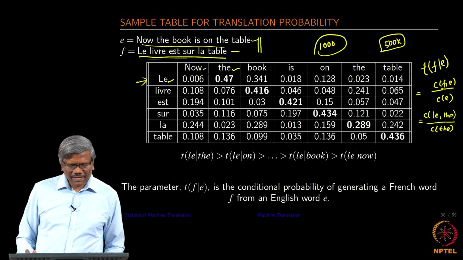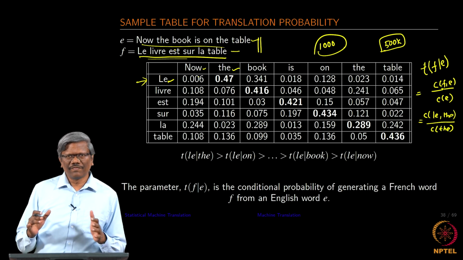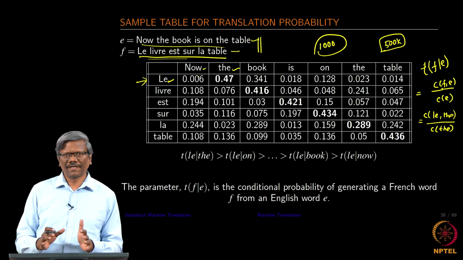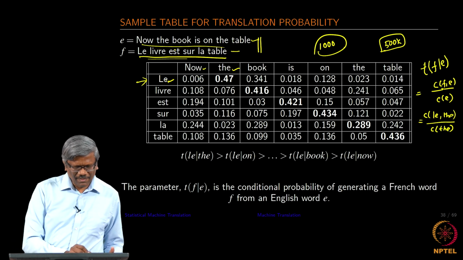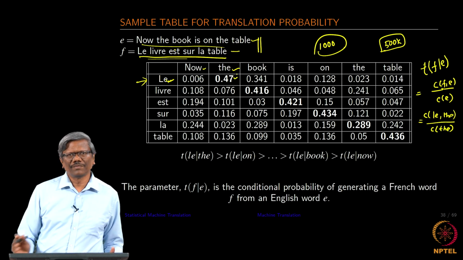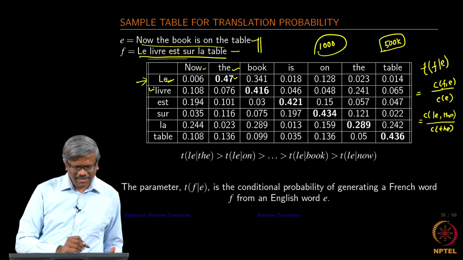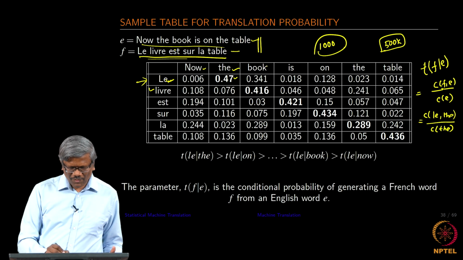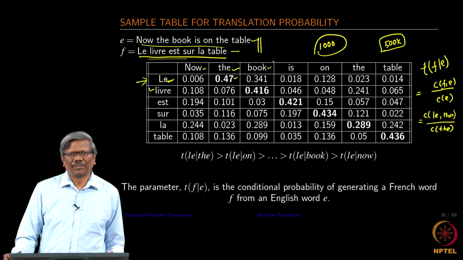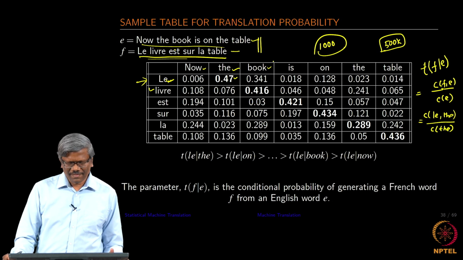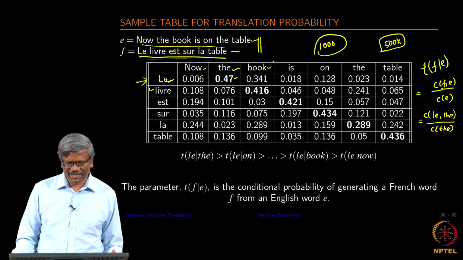And then if the translation, which we assume is right in every aspect, we expect that le would be aligned to the many number of times. And in the same fashion, livre would be aligned to book in several pairs of translated sentences, or several pairs of English and French sentences.